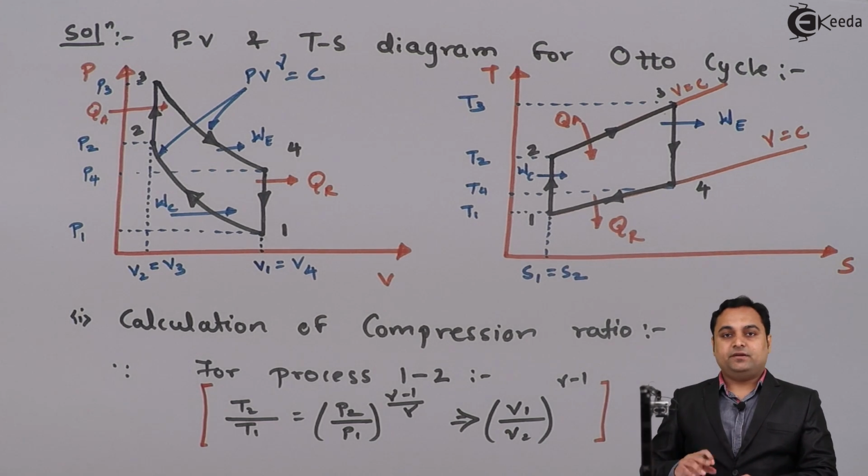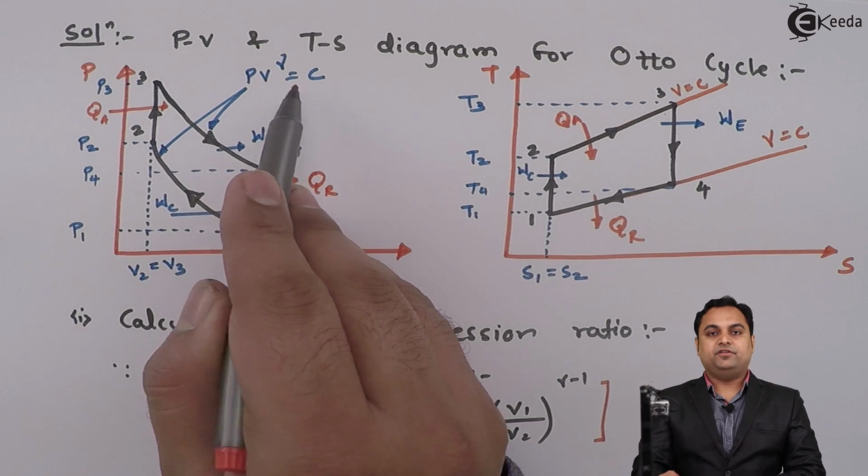Now one more relation can be written, in the form of PV raised to gamma is equal to constant.